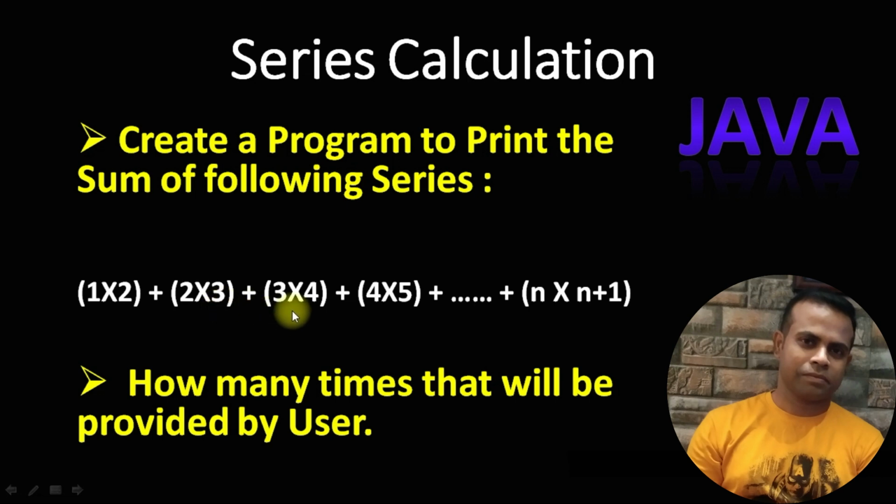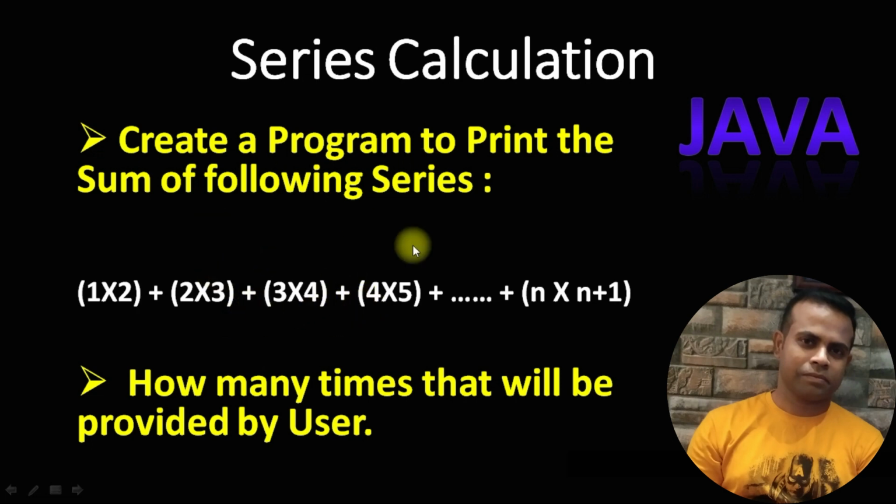Then the third step is 3 into 3 plus 1, which is 4. So basically it is the iteration number into its next number, and this way each set goes on, and finally we have to calculate the sum of each set.